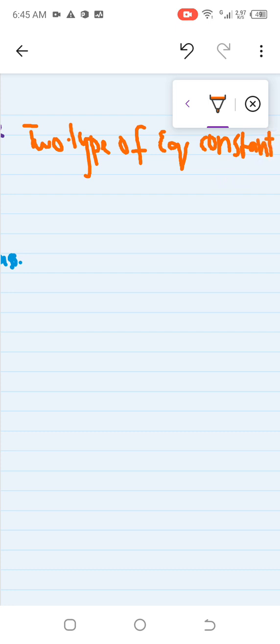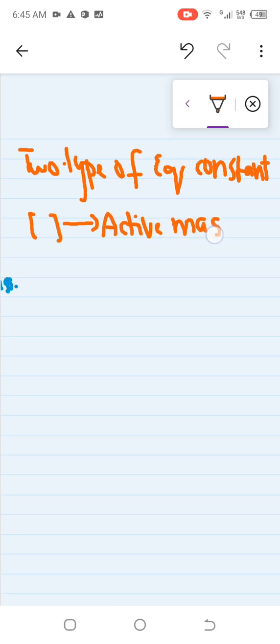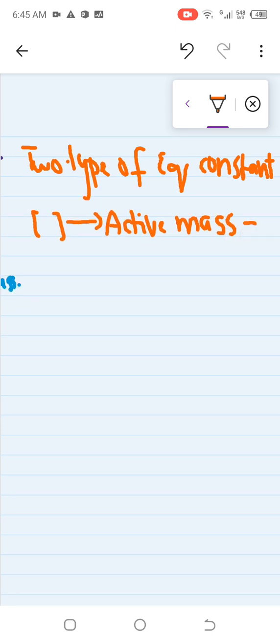Our first constant is the concentration of active mass, which will be equal to molarity.